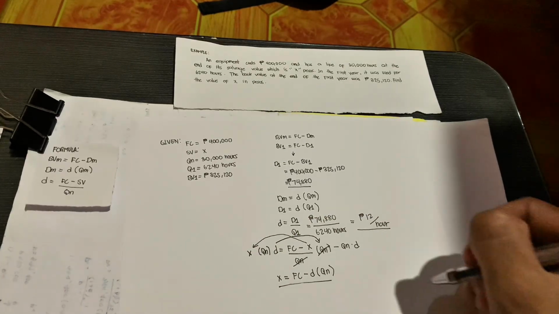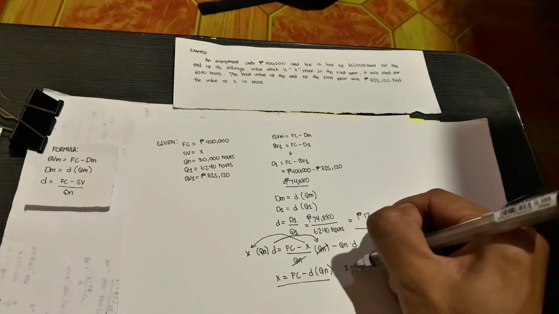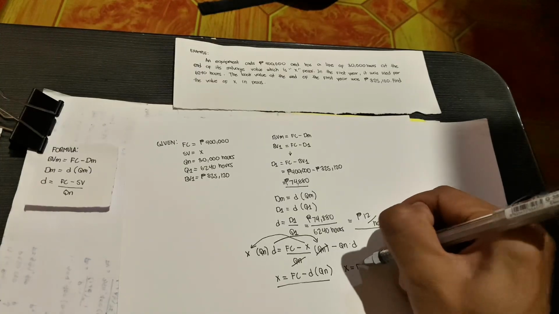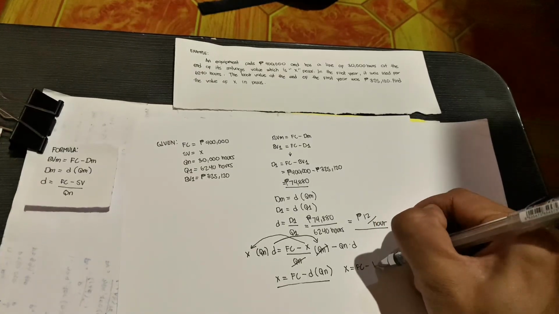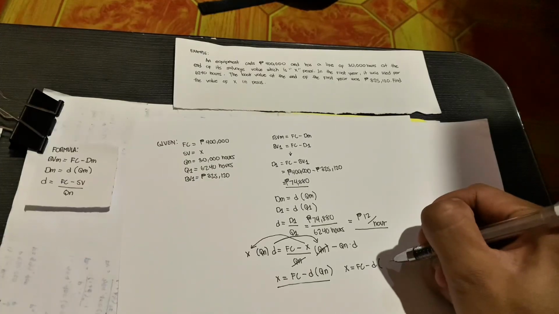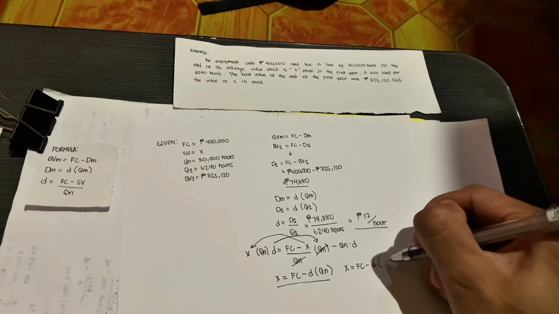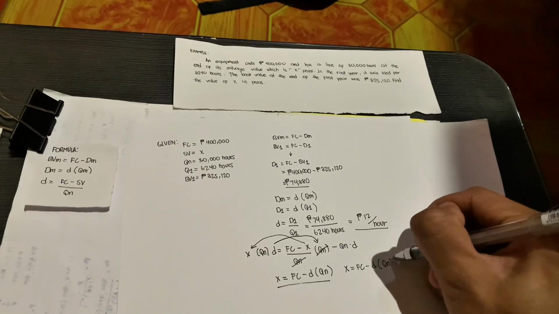So now, using this formula, X is equal to the first cost minus the depreciation charge times the quantity produced during economic life, which is denoted as Qn.